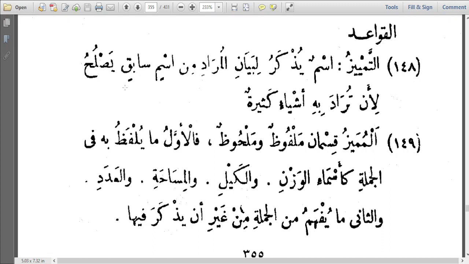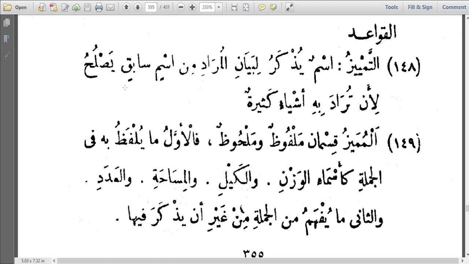This اسم سابق is good to be intended for a lot of things. So it is first of all a noun, and it is mentioned after a noun that is vague, that is good for anything. So when I say a meter, it can be a meter of wire, a meter of rope, a meter of a material. So you mention a noun that is vague, you need to mention this tamyiz after it to clarify it, just like we've seen in the examples.